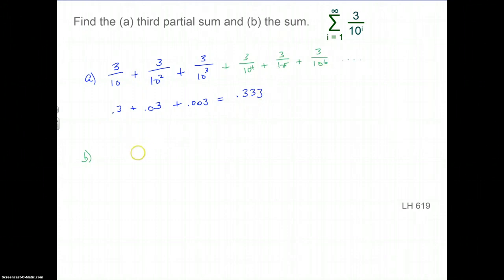So this sum is going to become 0.3 plus 0.03 plus 0.003 plus 0.0003 plus 0.00003, and so on. And you can see this is going to be 0.3 repeating, or 1/3. So that would be the sum. If I added up all the infinite number of terms of this series, the sum of the infinite series actually converges to 1/3.